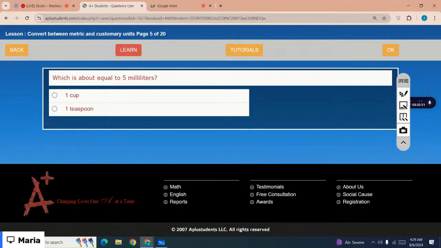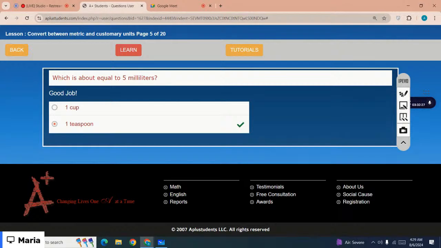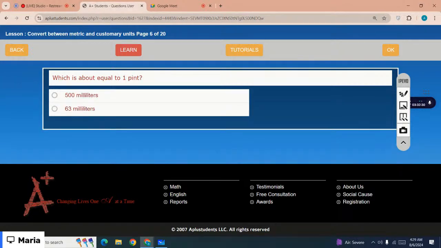It is right. 5 milliliters equal 1 teaspoon, which is about equal to 1 pint, which is the correct option.